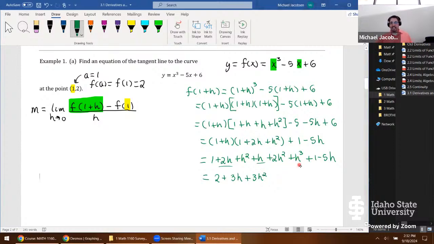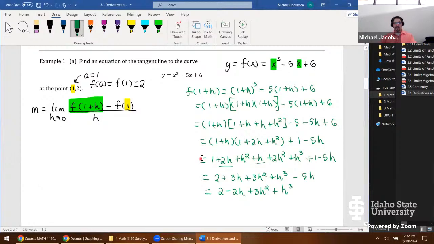Oh dear, plus h cubed minus 5h. When I looked at these two, I missed the negative 5h there, so a little bit more algebra, and we have 2. 3h minus 5h gives us negative 2h plus 3h squared plus h cubed.